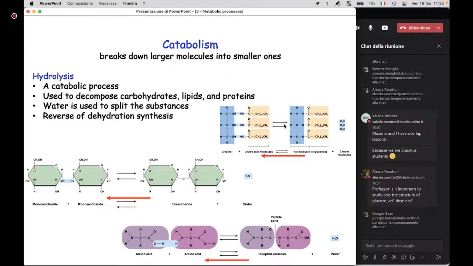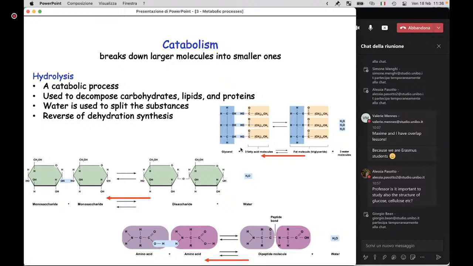In line of principle, since this is an equilibrium, the same enzyme can work both ways. According to the conditions, the same enzyme can catalyze the anabolic or the catabolic reaction. Since it is catalytic, it can facilitate the reaction in both directions.